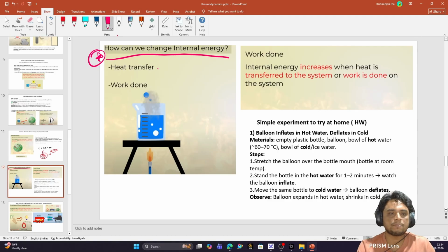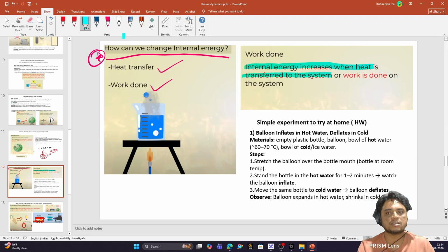Either you supply heat, or work is done. So the internal energy is increased when heat is transferred to the system or work is done on the system. This is the standard definition of how we can change the internal energy.